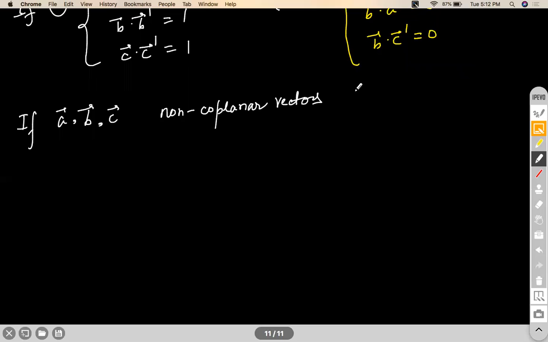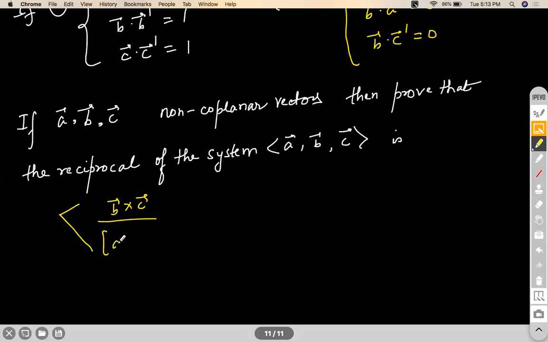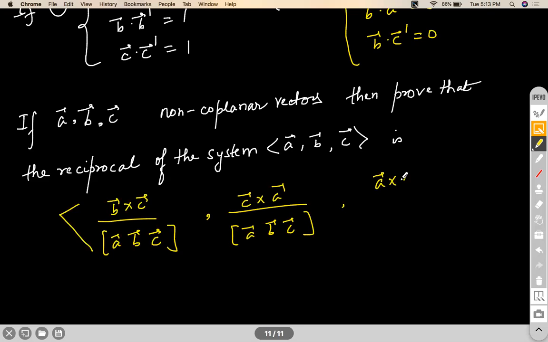Then prove that the reciprocal of the system is going to be B cross C by box ABC, C cross A by box ABC, and A cross B by box ABC.